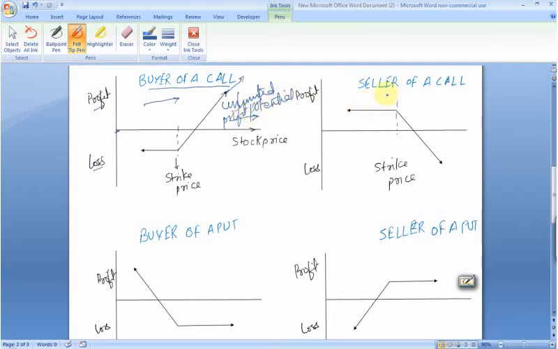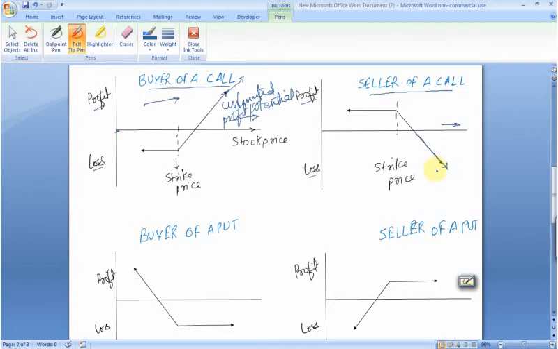And on the other end is the seller of a call option, and this is again increasing stock price, this is profit, this is loss. And so what's happening over here? As the stock price is increasing, things are looking bad for the seller of a call option.